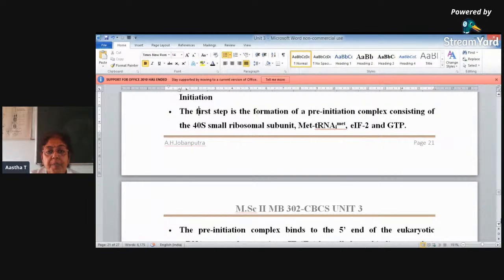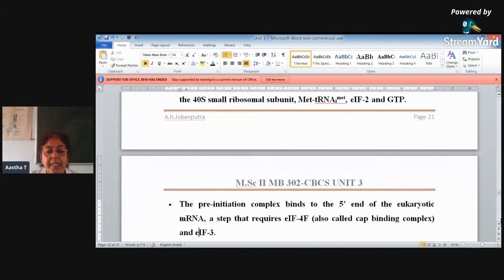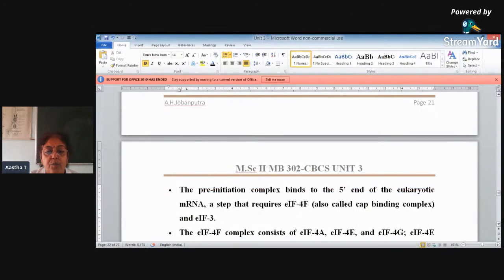So the first step is the pre-initiation complex formation, consisting of the 40S subunit of the ribosome, methionine tRNA, eukaryotic initiation factor 2 and GTP. This is the pre-initiation complex which binds to the 5' end of the mRNA. This step also requires initiation factor 4F and initiation factor 3.